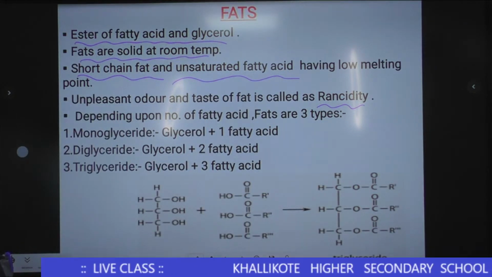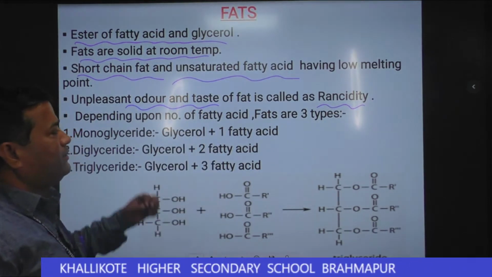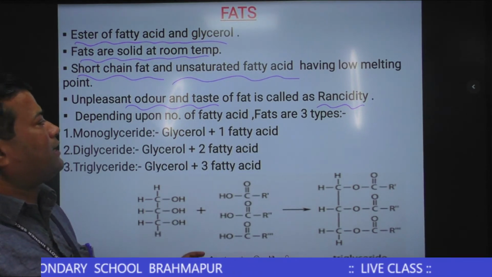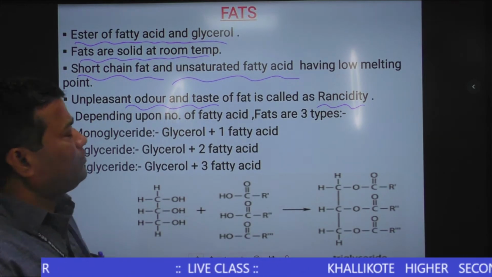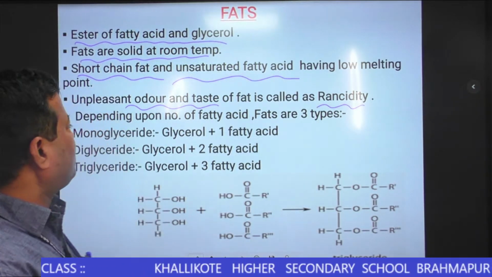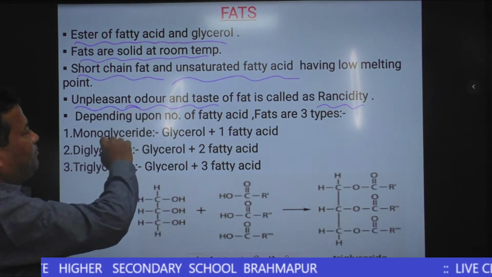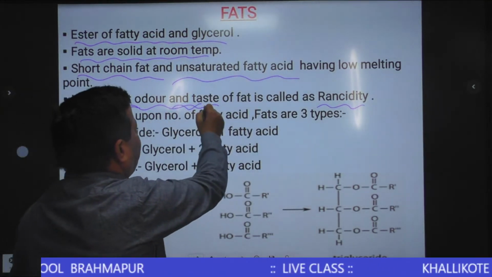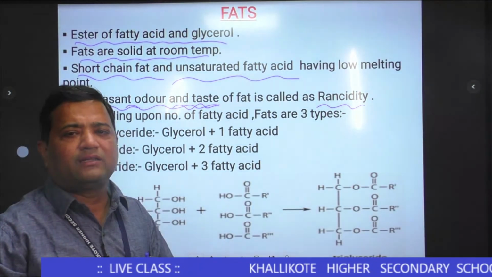Rancidity is the unpleasant odor and taste of the fat due to long time preservation, due to microbial degradation activity, and also if they are exposed to air, moisture, and contamination by microorganisms. That makes the fat have an unpleasant odor and bad taste. This property of fats is called rancidity.